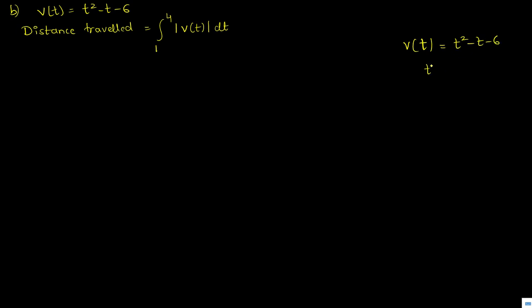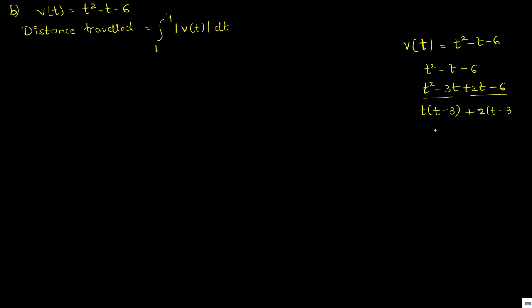Factorizing this, 6 times 1 will be 6, and the factors of 6 are 3 times 2 or 2 times 3. We write it as t square minus 3t plus 2t minus 6. Now taking terms common, t is common from the first two terms, so we get t times t minus 3, plus 2 common from the other two terms, so we get 2 times t minus 3 as well.